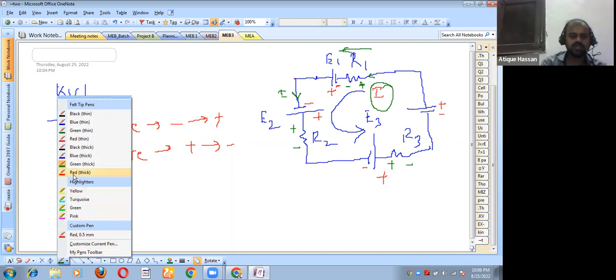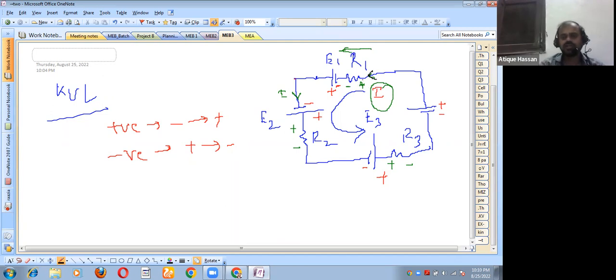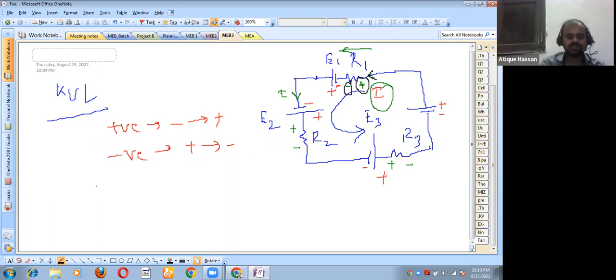Now you can see, we are moving from here to here, right? So we are moving from positive to negative. So we will take the potential difference, which is IR1, and it should be negative since we are moving from positive to negative.